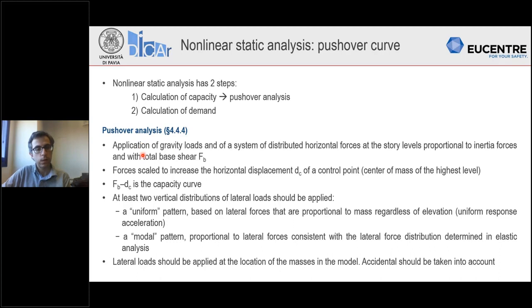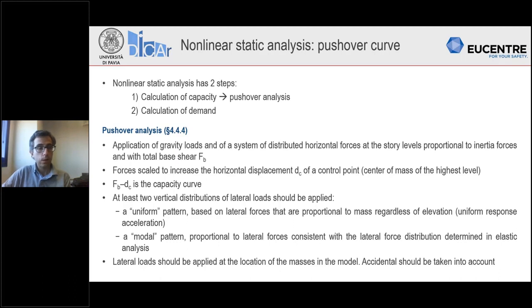Pushover analysis consists in applying gravity loads and a system of distributed horizontal forces at the story levels, which are proportional to the inertial forces and have a resultant force equal to the base shear FB. Forces are scaled to increase the horizontal displacement of a control node DC, which is usually located at the highest level. The curve FB versus DC is the so-called capacity curve.